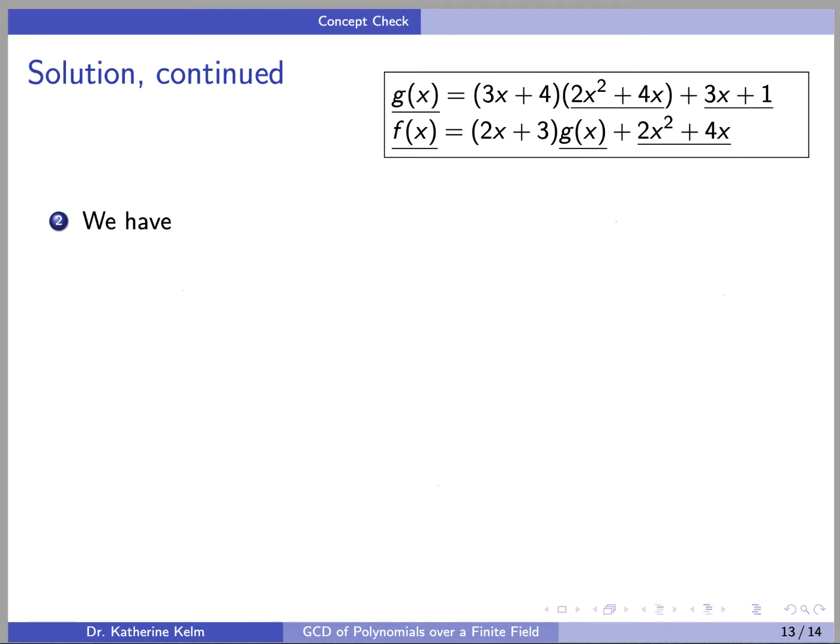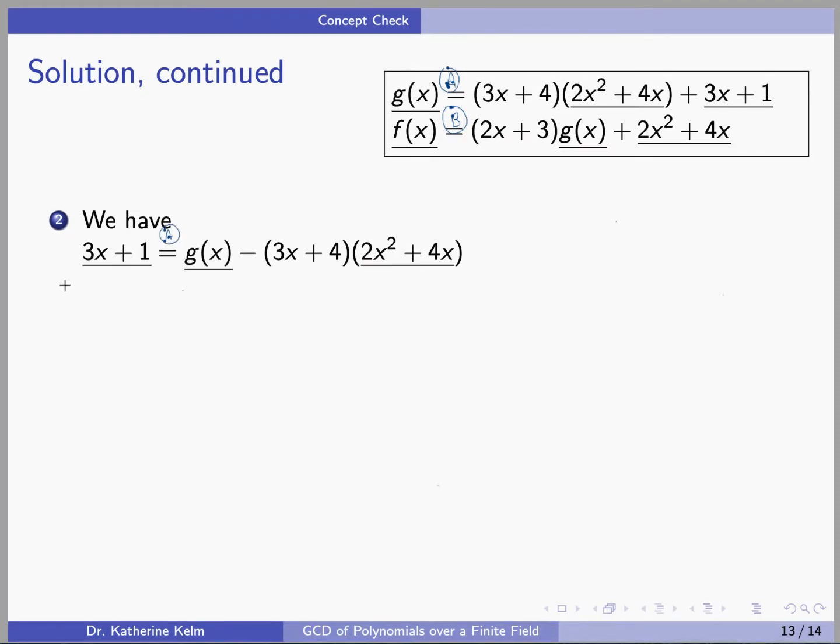If you haven't yet worked out the second part for yourself, pause the video now and work out a linear combination of f of x and g of x that equals the GCD. So again, using our previously obtained equations, I'll call this equation A and this equation B. We have 3x plus 1 equals g of x minus 3x plus 4 times 2x squared plus 4x.